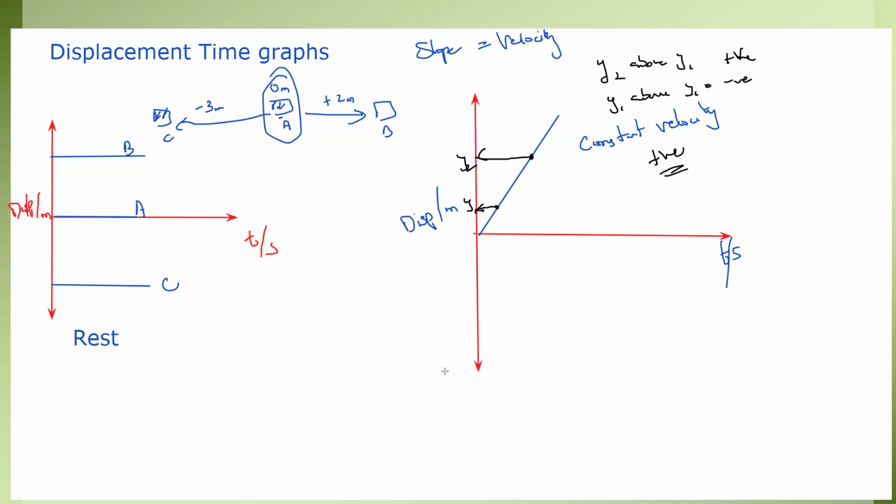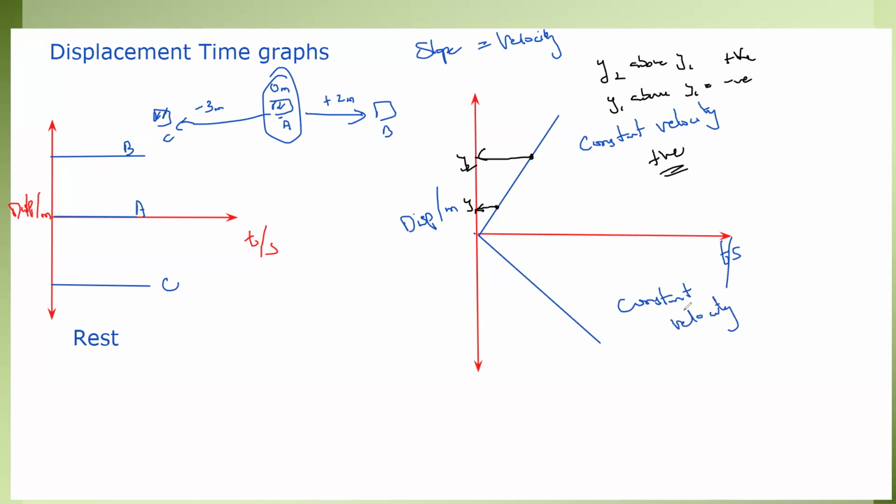So if we take another graph here, first, what about the velocity of this object? It's a straight line. So if it's a straight line, what is the velocity of this object? It will be constant, because a straight line has a constant gradient, so it has a constant velocity.